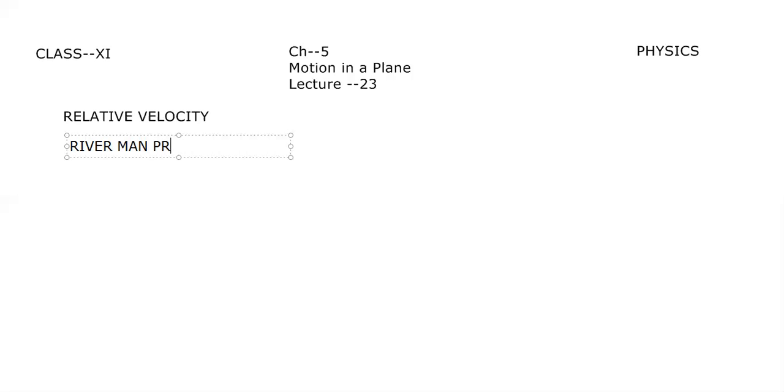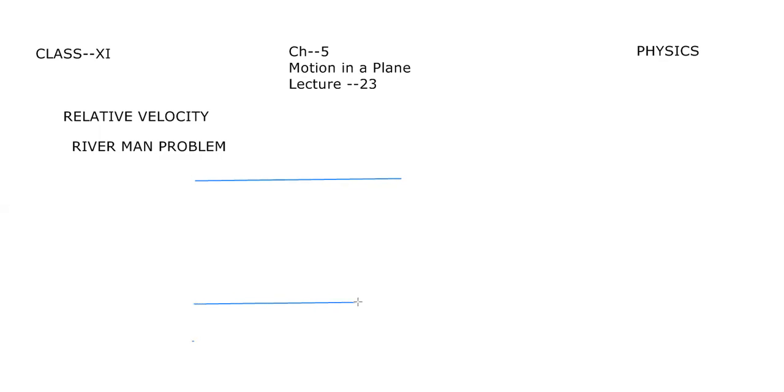River-man problem. So if we explain the river-man problem, first of all, understand the question. Suppose a river has a width small d, the distance between the two banks.